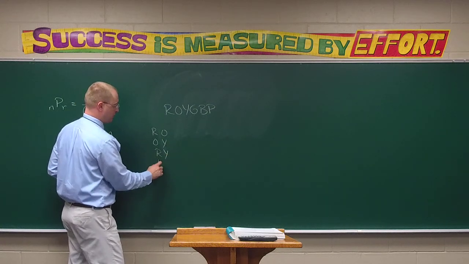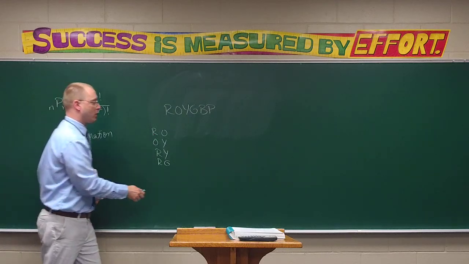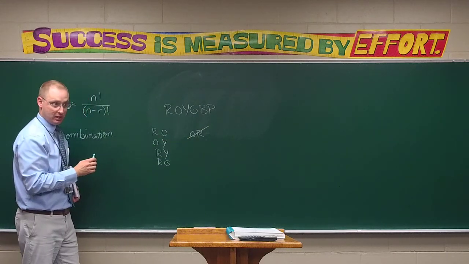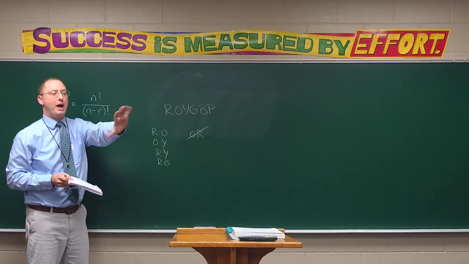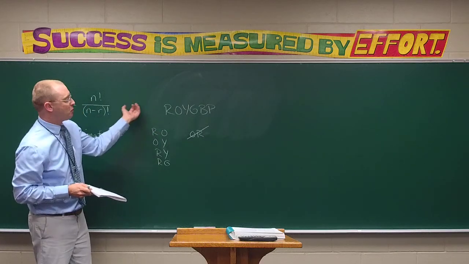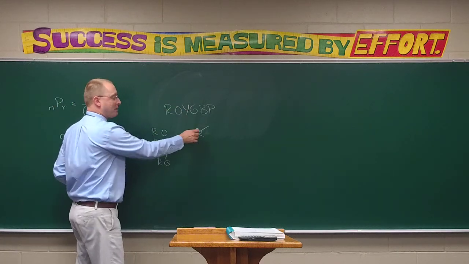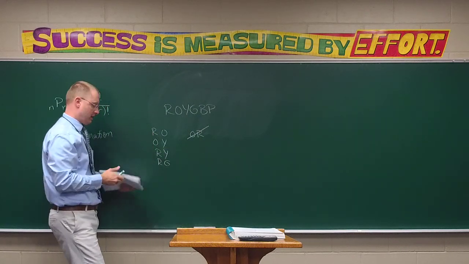Maybe Kendall picks red and Genesis picks green. You get the idea. We could pick a lot of these. However, orange and red would not be another possibility, because all we're looking at is which 2 balls have been taken. If we don't care who has what, we're just interested in which 2 balls were selected, then orange and red would not be a different option from red and orange. Does that make sense? That's what we mean by this.